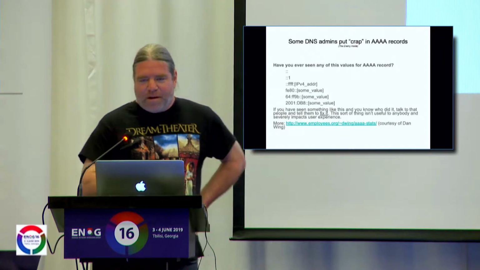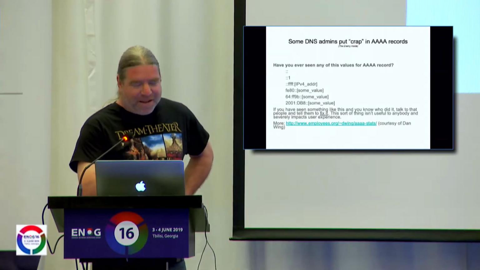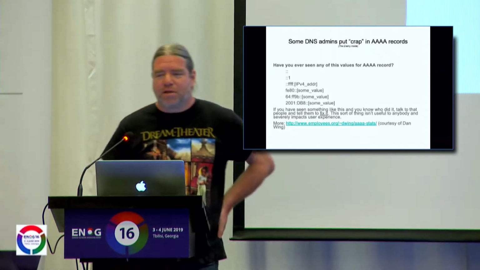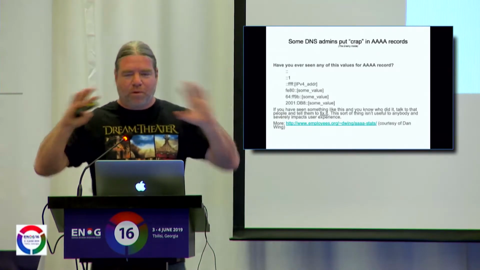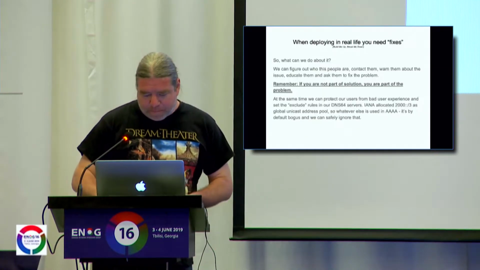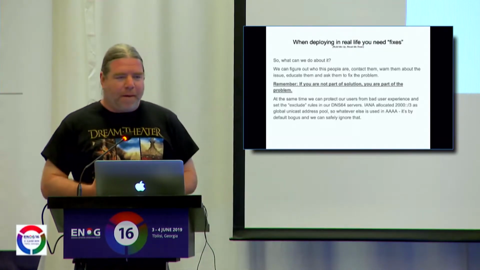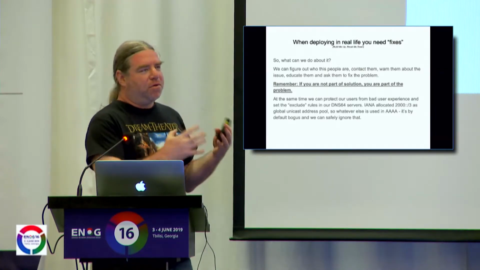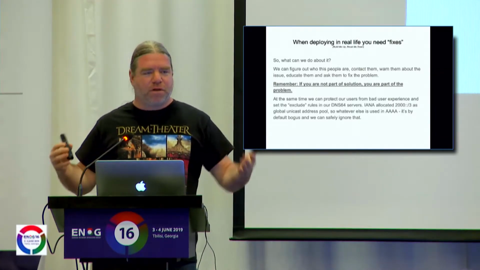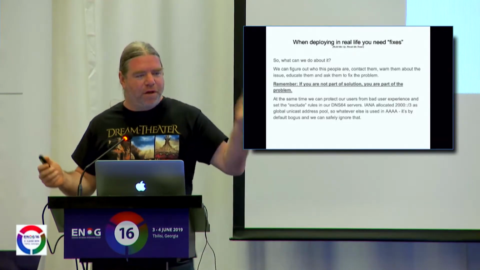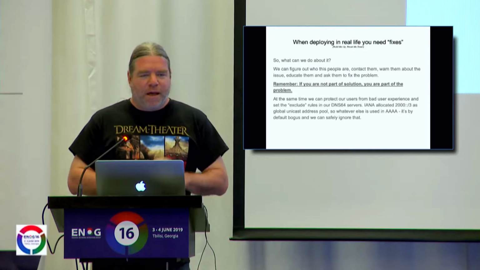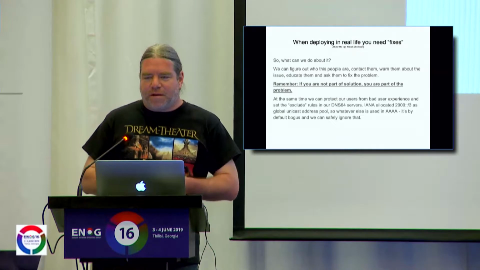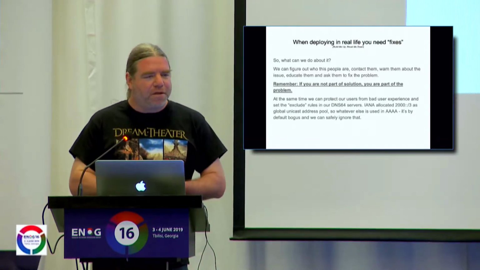It doesn't work. Dan Wing is doing some periodic testing. There is a link, if he's still doing this, to what kind of stuff people put in. You would not believe it. For these people, if you don't make some exceptions, then if you have users, and you implemented IPv6 and NAT64 and DNS64, you need to make sure your users will not call you all the time asking why things don't work.